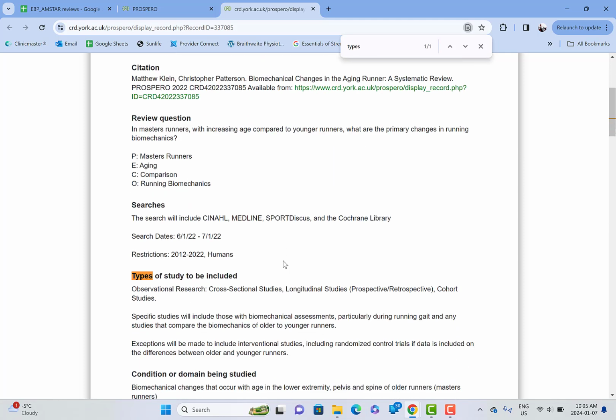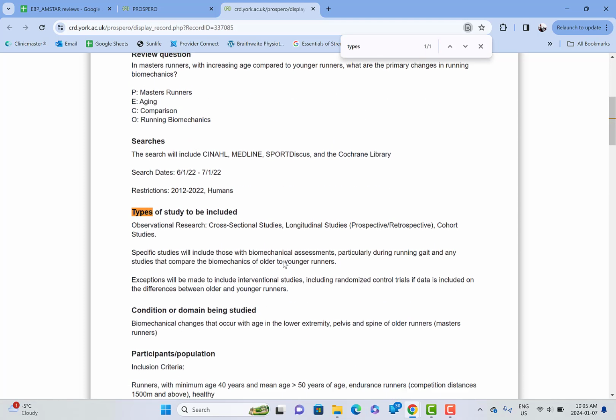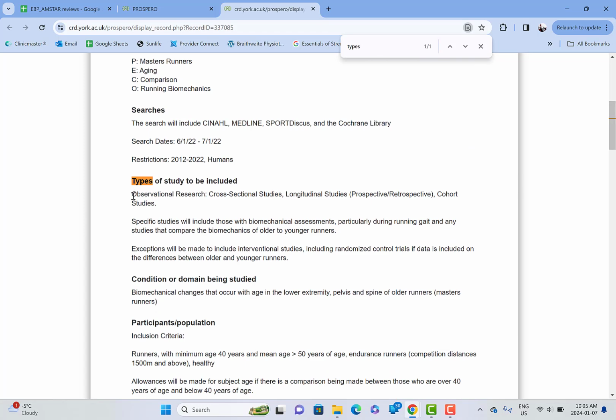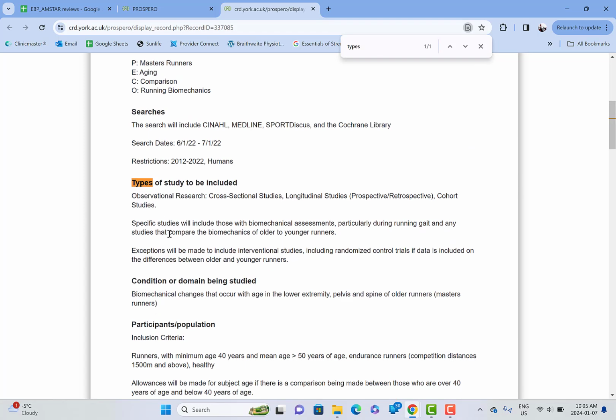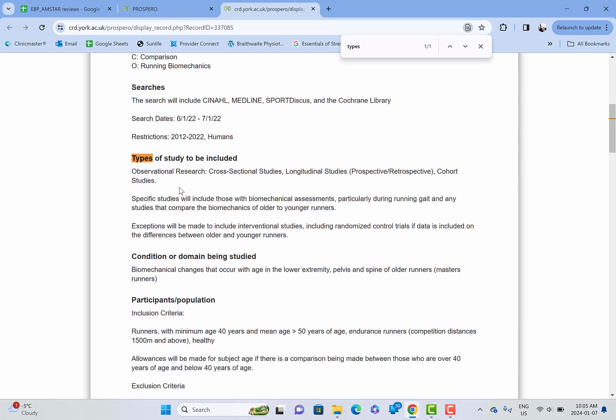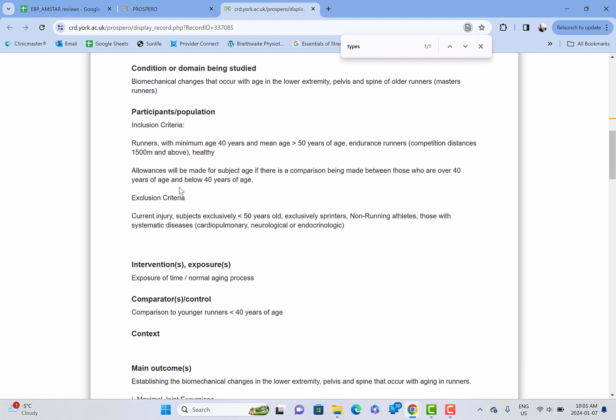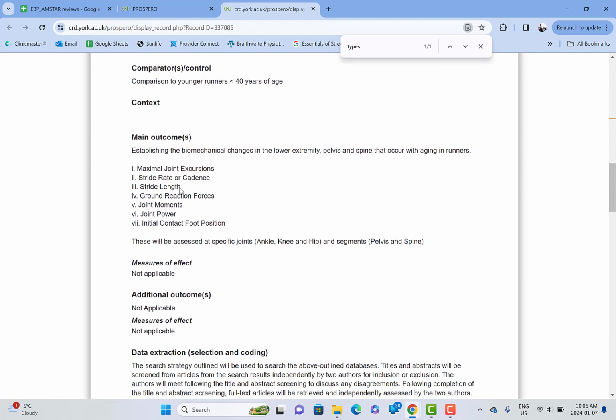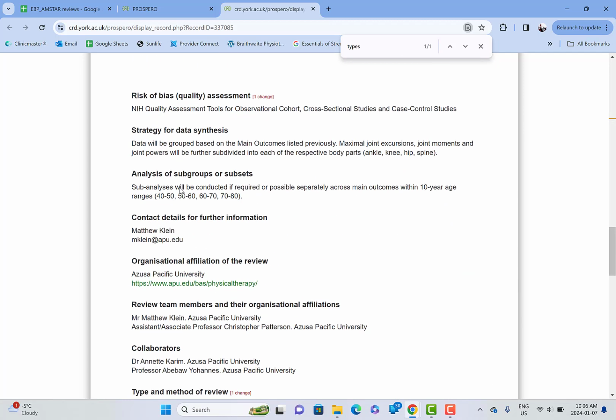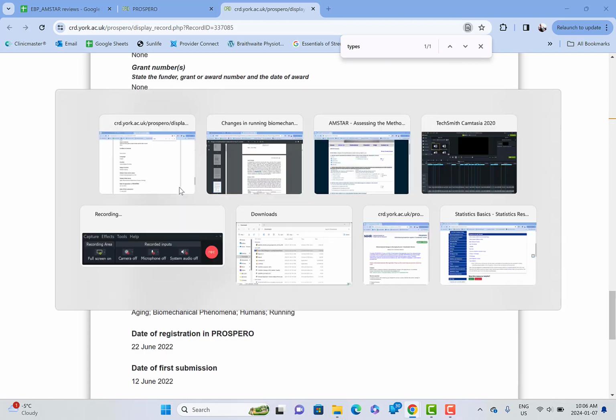They needed to, in advance, identify inclusion-exclusion criteria and how they were going to assess risk of bias for the individual studies that were included in their review. And indeed, in our Prospero entry, we see all of these elements are included.